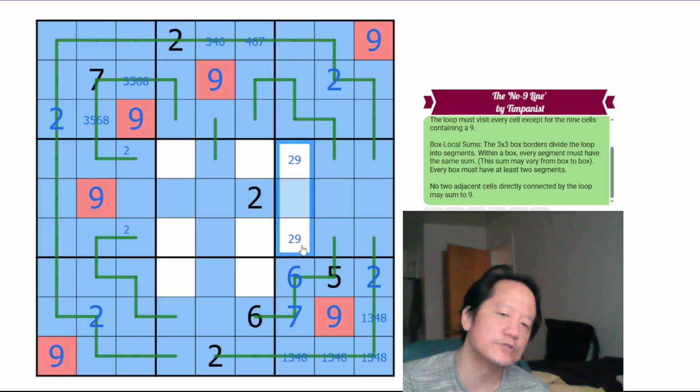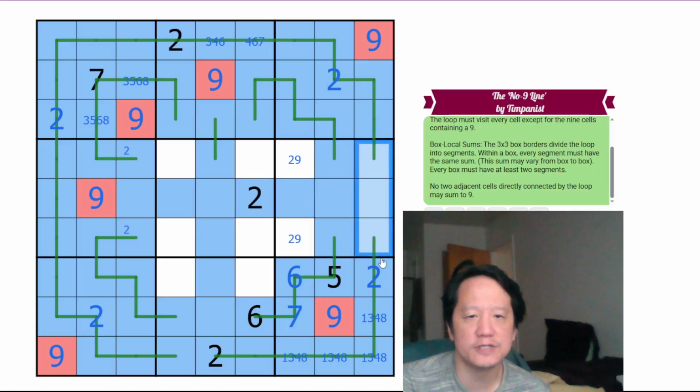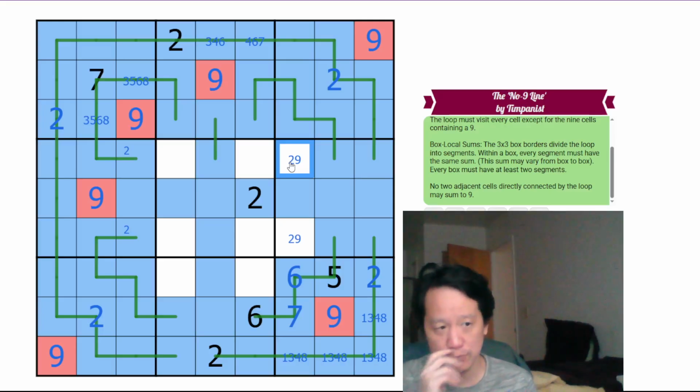This is interesting. It cannot be 3 sets of 3 digits here, because 2 with another digit never adds up to 12.